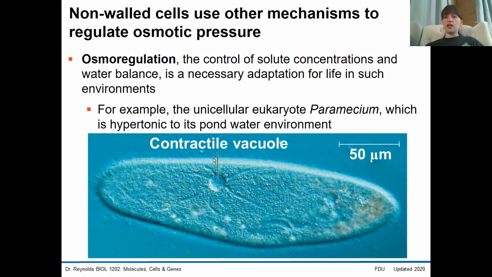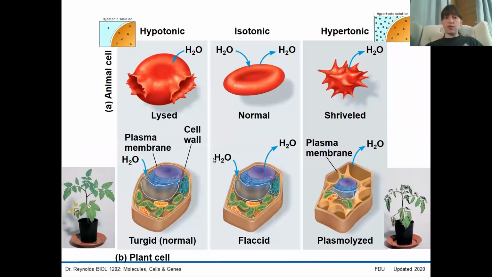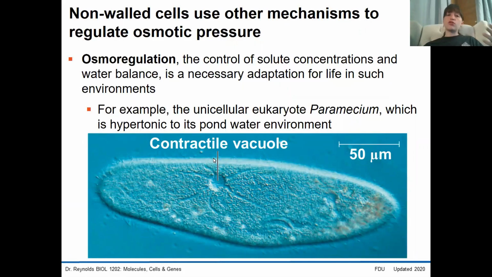So when the cell is surrounded by a hypotonic solution, that means water will rush into the cell, and if it does nothing, the cell will undergo osmotic lysis. But a contractile vacuole can push that free water back out of the cell, allowing the cell to osmoregulate.